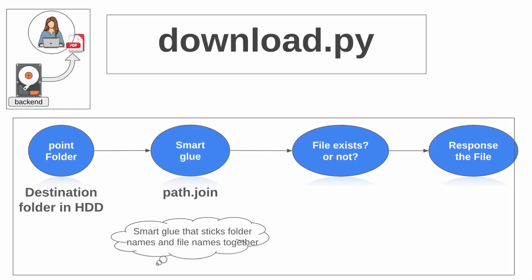Now let's see how to download a file from FastAPI. So I want to download from this backend. First of all, I have to import necessary modules. Then I have to point the destination folder.